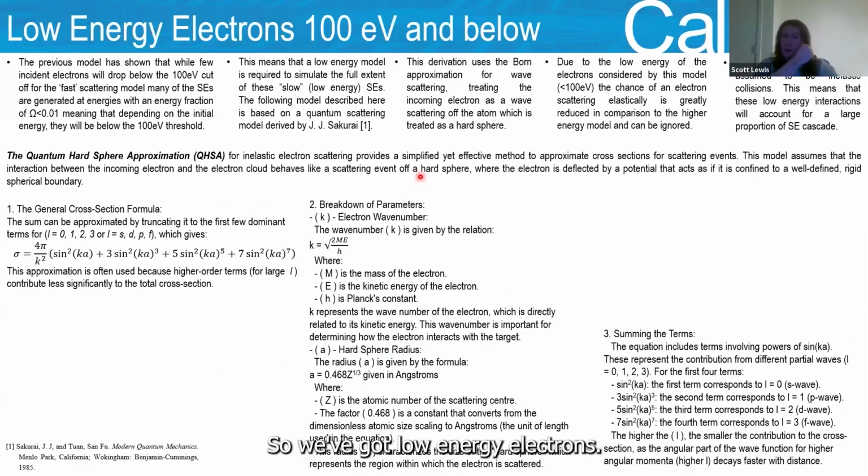So we've got low energy electrons. I've just described the high energy, and now we're going to do some quantum mechanics. And this I formulated in a fairly easy method to use and to follow through.